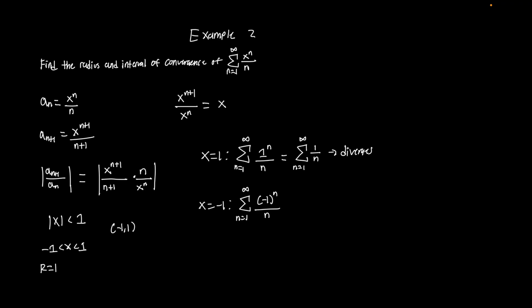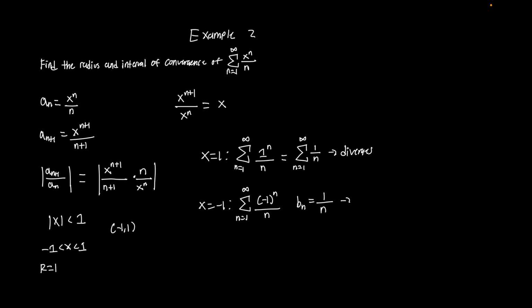So your term, we take the absolute value of this, the negative 1 to the n, remember, the absolute value just makes it 1. So this is just going to be equal to 1 over n. Now the two conditions for the alternating series test are that the terms are decreasing and the limit approaches 0. As you can see, 1 over n is decreasing, and the limit as n approaches infinity of 1 over n is 0. So this converges, right?